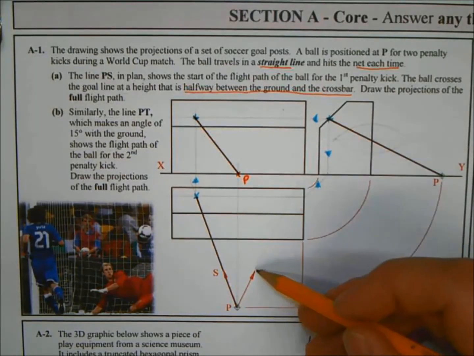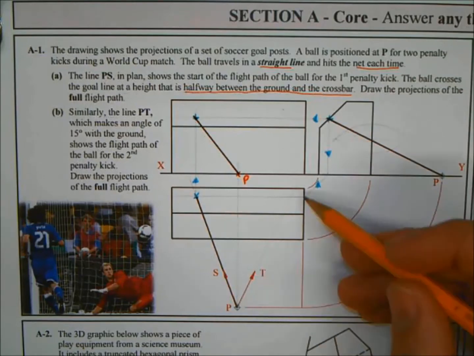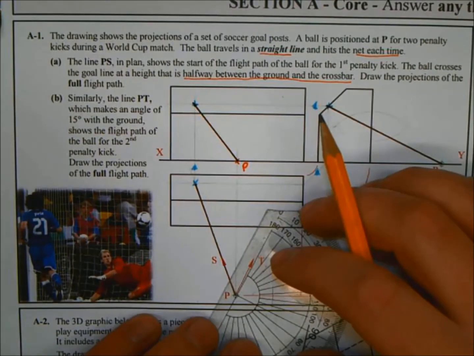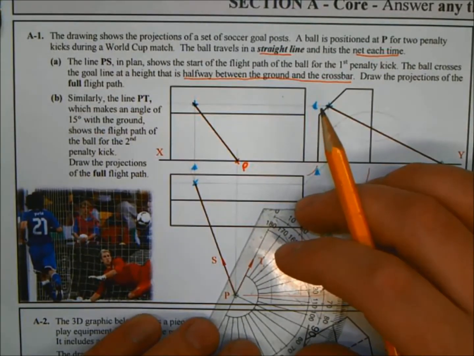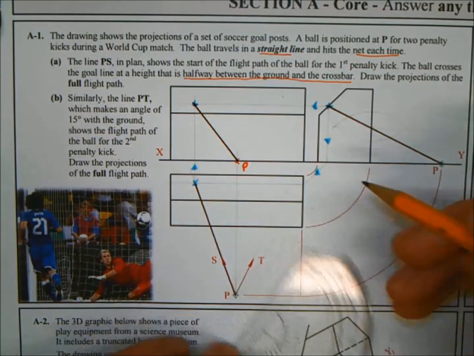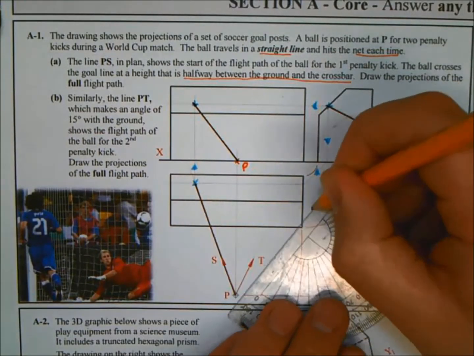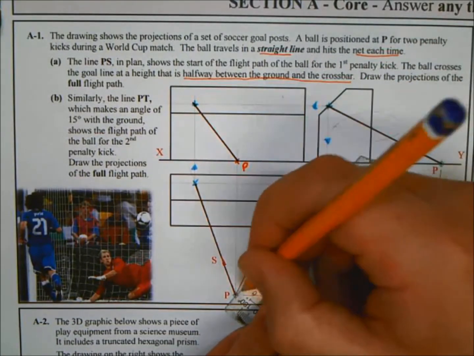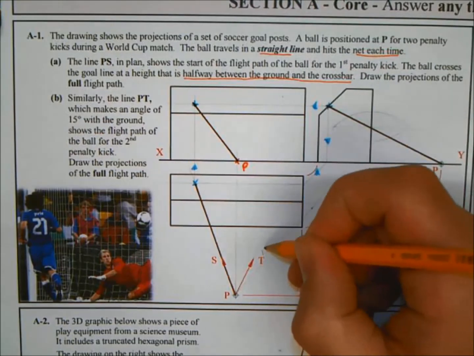I'm going to project off my 15-degree angle there to find a height. What I'm doing is something similar to vanishing points in perspective drawing. We're going 15 degrees because that was the angle it made to the ground. So there's our 15 degrees in here.